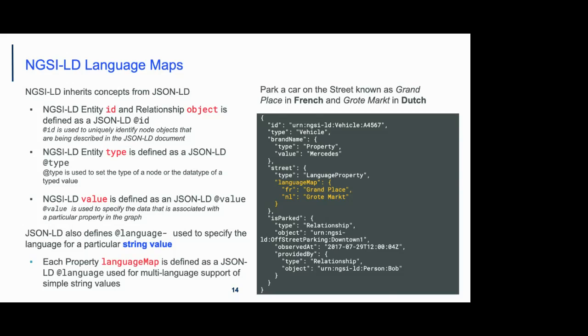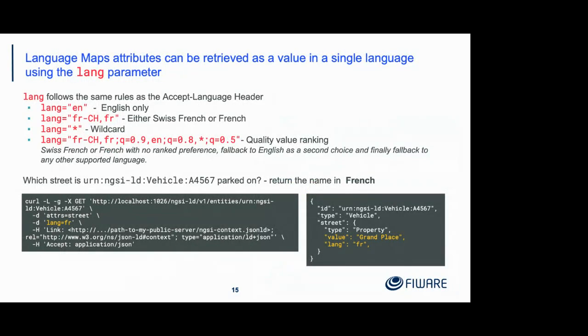What this means is that you can retrieve your language map as if it were a property by just adding in an additional parameter. So as you can see, I am getting the location of vehicle A4567, and I want the street attribute, and I just put lang equals FR, and it will give me back as if it were just a property.